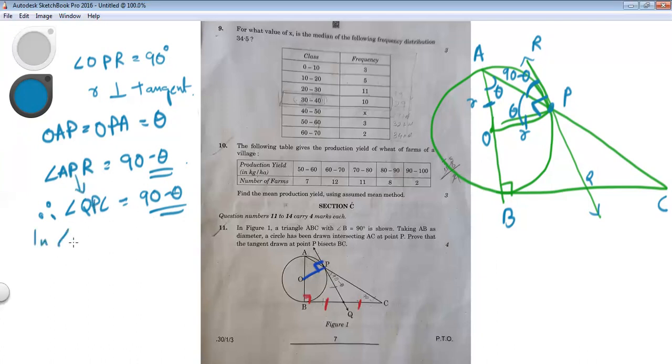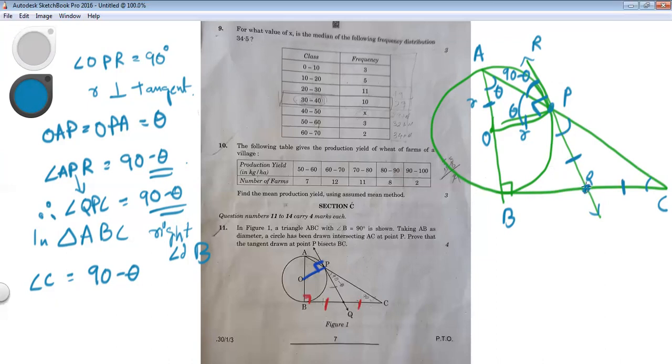Now, triangle ABC is a right angle triangle, right angle at B, isn't it? Since angle OAP is theta, angle C is going to be 90 minus theta. Now since QPC is 90 minus theta, this angle is equal to this angle, right? Since this equals this, QP equals QC.